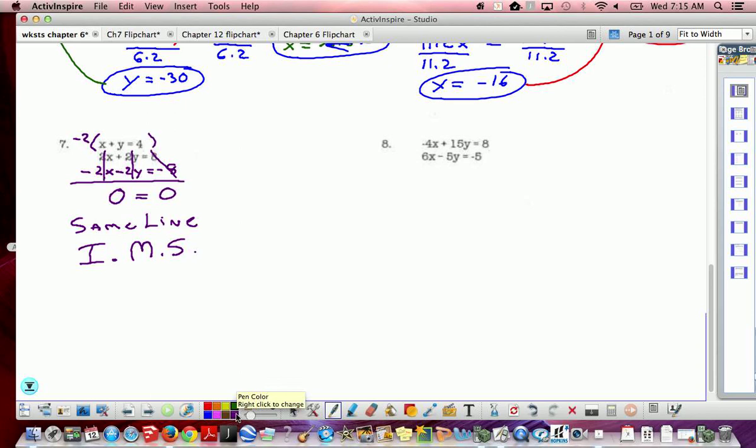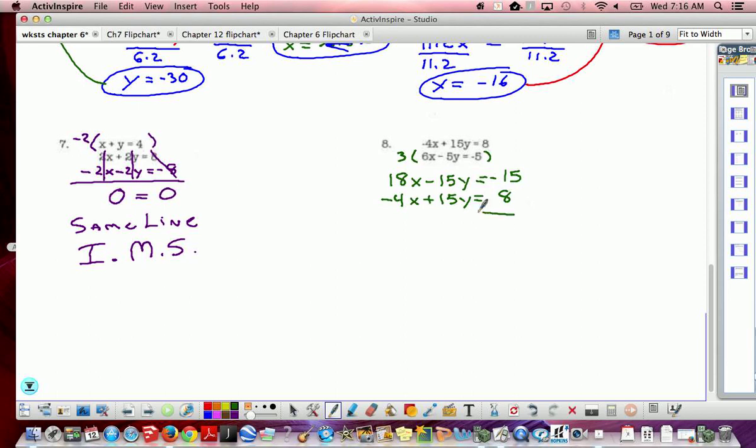All right, last problem. When I look at the last one here, I can see that -4 doesn't go into 6 nicely, but -5 does go into 15 3 times. So on this one, I just have to multiply the bottom equation by 3. So when I do that, I have 18x minus 15y equals -15. I'm going to copy the other equation right below it so that I can combine them nicely.